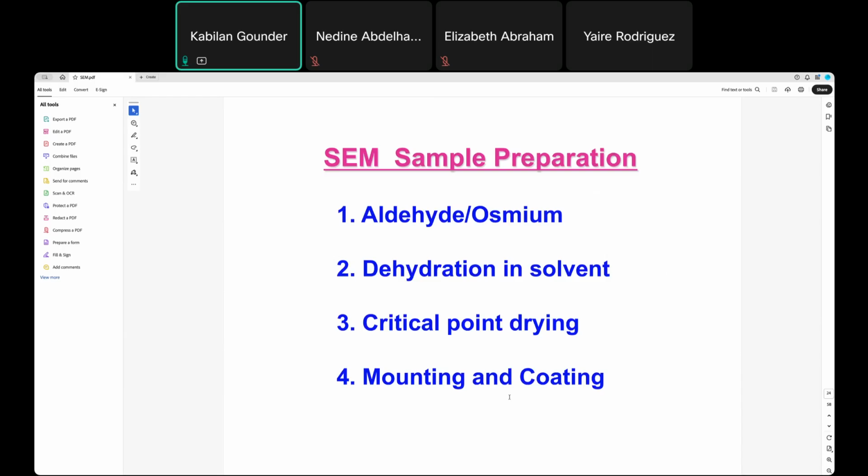So far we have discussed the scanning electron microscope's basic principles: why we want to use a scanning electron microscope, how important it is, the basic structure and components of the electron microscope, and all the factors that influence the quality of your images, the resolution, contrast, and everything.